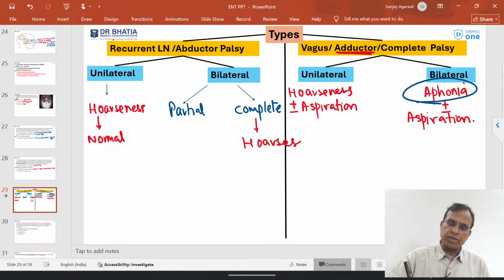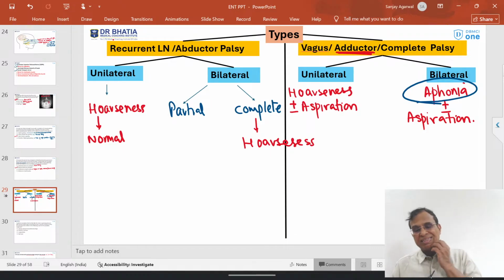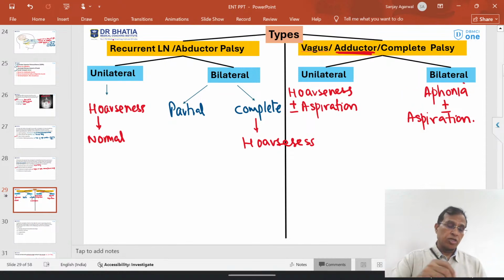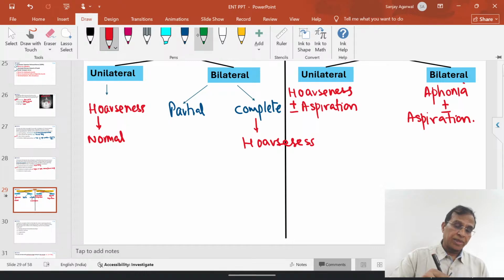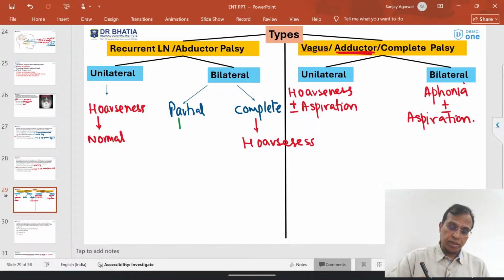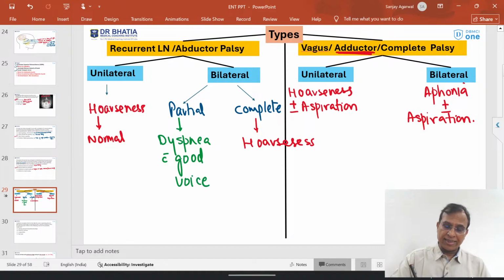Here also there is hoarseness. So all these conditions that you see on the screen till now, they all have hoarseness. The only condition that does not have hoarseness is this one, where there is dyspnea, meaning stridor, with good voice. This is the only condition where the voice is good and there is dyspnea.